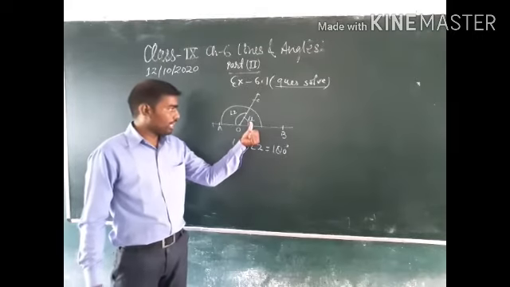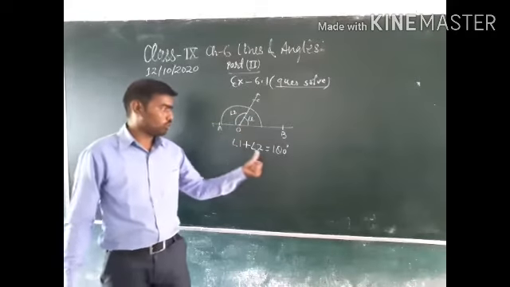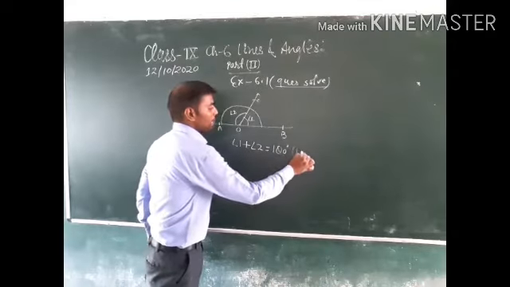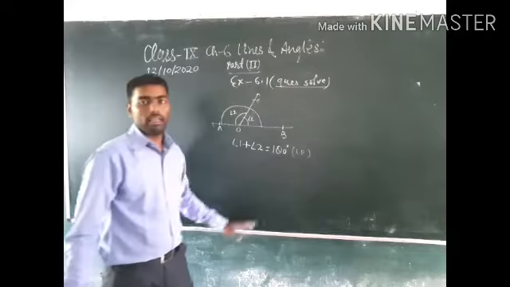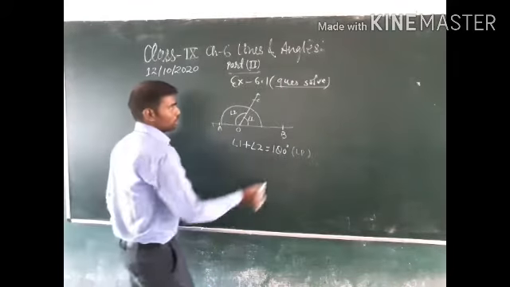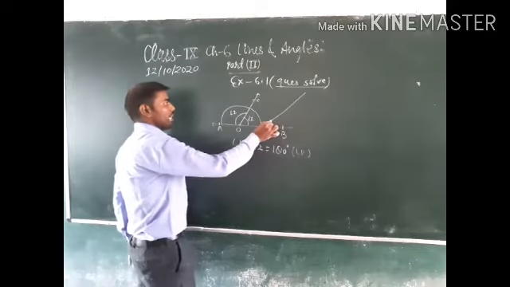So the value of angle 1 plus angle 2 is 180 degrees, and we can write in bracket linear pair of angles. So this is a linear pair and we also talk about vertically opposite angles.